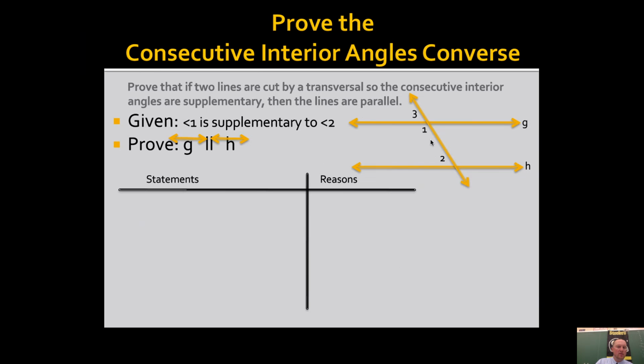You need to show that if they are supplementary, then somehow these lines are parallel. And this one can get a little bit tricky. It can get a lot of steps in it as well if you're not using the proper shortcuts. Okay, so we're given that angle 1 and angle 2 are supplementary.